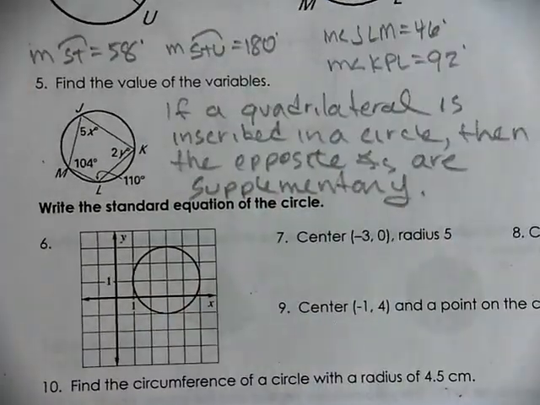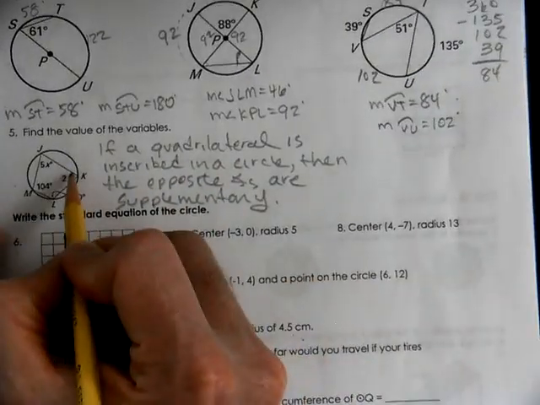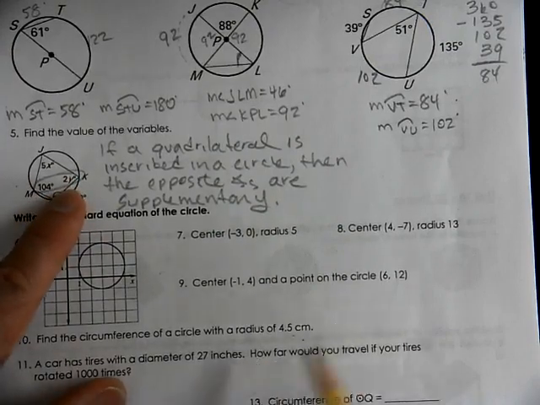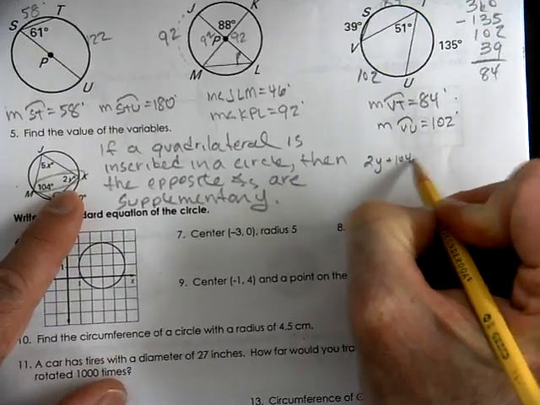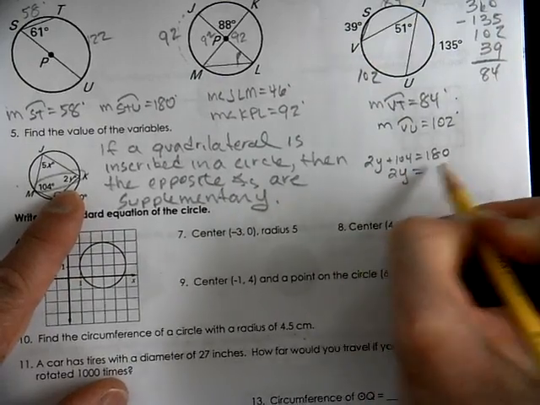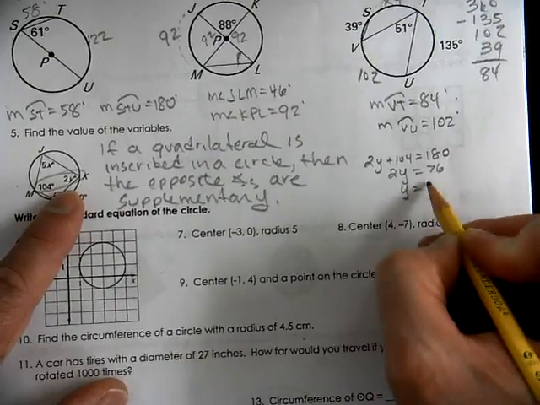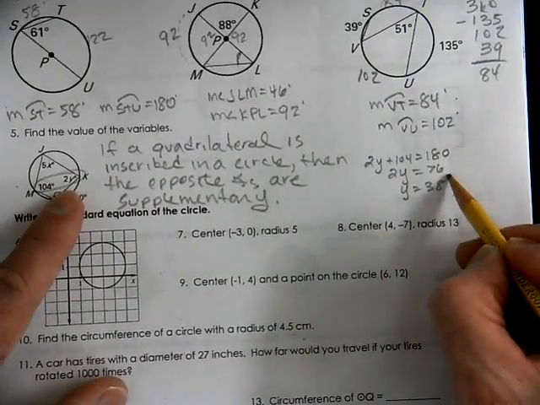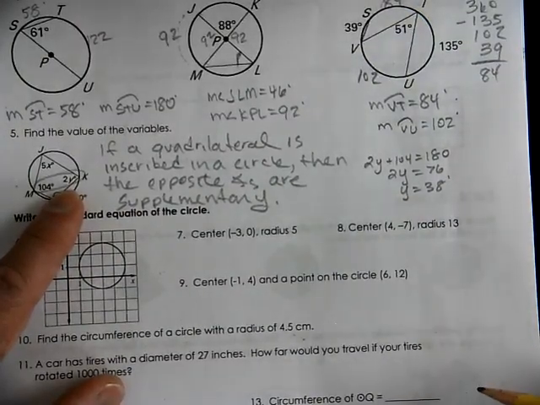The opposite angles add up to 180 degrees. So these two would be considered opposite angles. So we know that 2y plus 104 is going to add up to 180. Minus the 104, and I get 76. Divide by 2, and I get 38. So y is going to be 38 degrees.